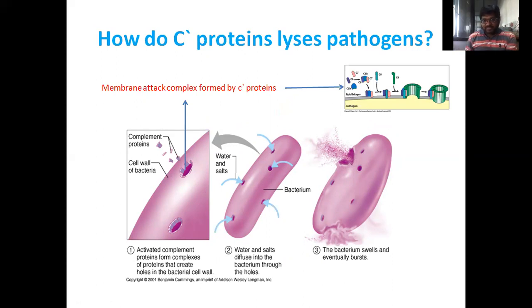By this process your microbes get punctured by the C proteins, and the bacteria can be destroyed by this mechanism. So the pathogen cannot stay alive with this C protein.